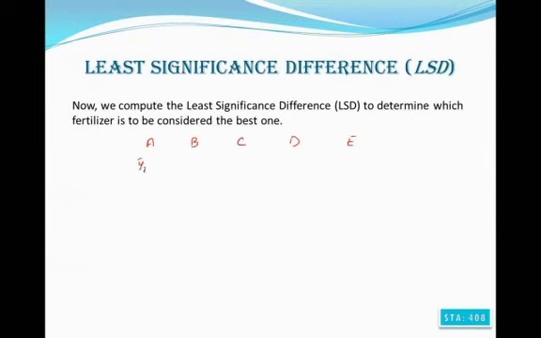Y bar A is 6.84, Y bar B is 6.46, Y bar C is 13.12, Y bar D is 7.96, and finally Y bar E is 4.92. अब आप possible pairs बना लें.